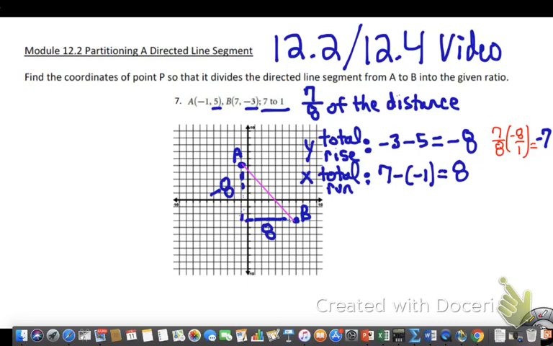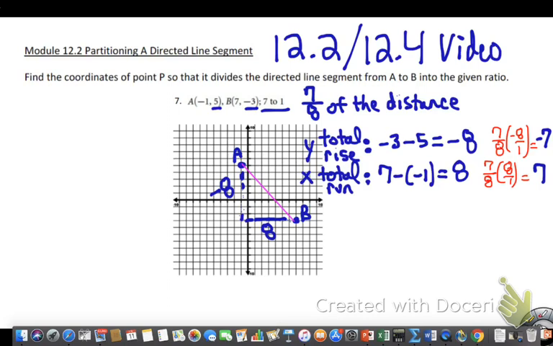That's going to be the amount we need to rise, or actually go down 7. Okay, next we're going to figure out what is 7/8 of 8. So the 8s would cancel out, so that would be 7. So that means we're going to go over 7. So we would go down 7 and over 7 to get to that particular spot we're looking for.